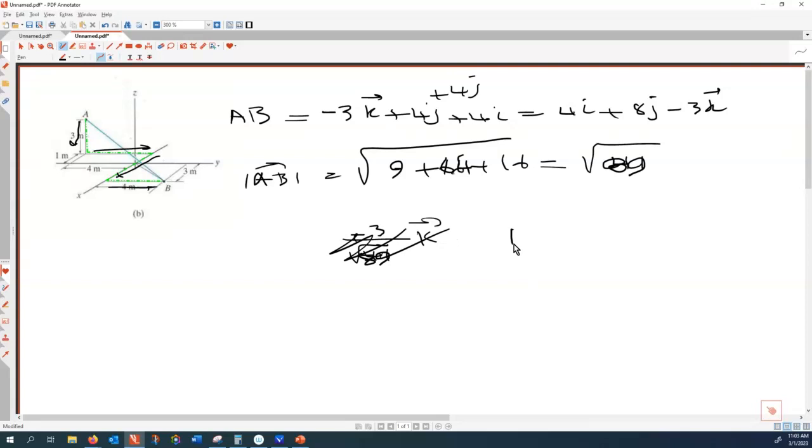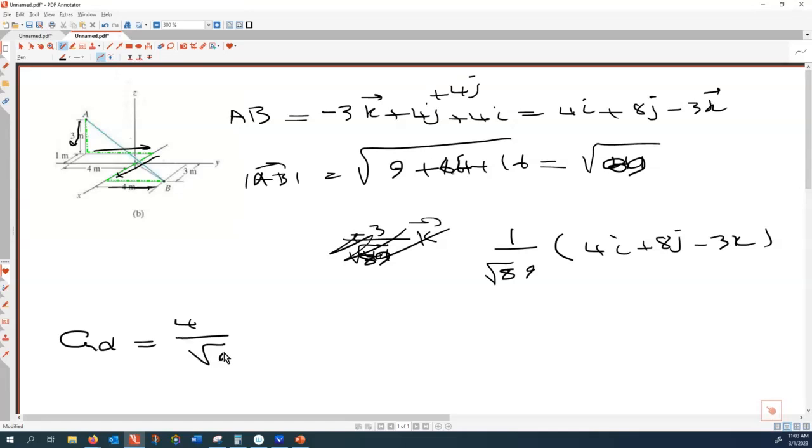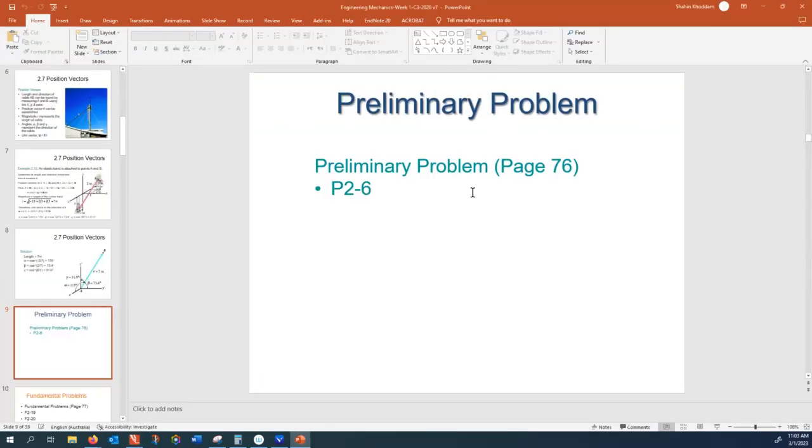So that could be 1 over root 89 multiplied by 4i plus 8j minus 3k. And if you want to find out the direction cosine, cos alpha is 4 over root 89. So let me just run through this quickly. We have too many things to solve.